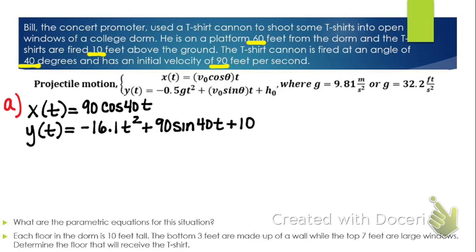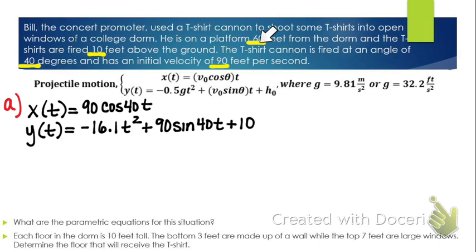Okay, so who had that for their equations? Okay, good. Now we know how far away he is, so this is a lot easier to do. The first thing we need to figure out is how long it's going to take the t-shirt to travel 60 feet.